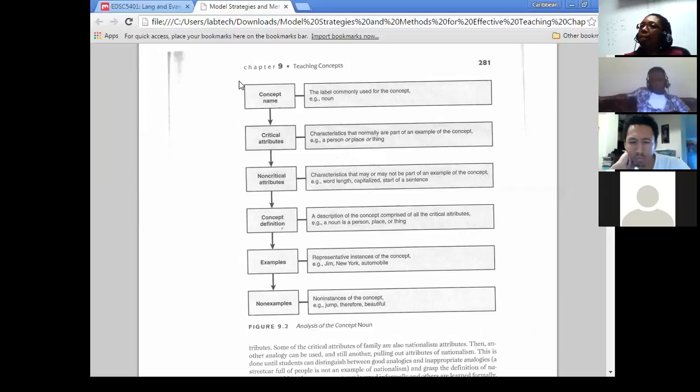So in dealing with your concepts, you need to help students make these distinctions. And it is in the explore and expand phases of your lesson that these distinctions become evident. All right?